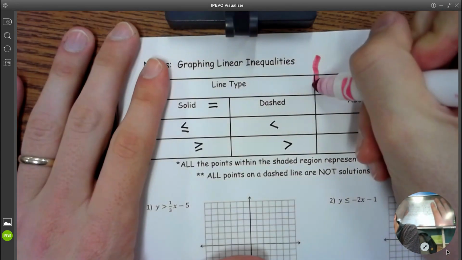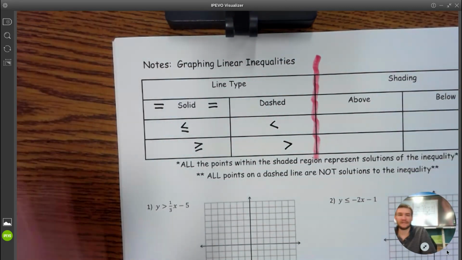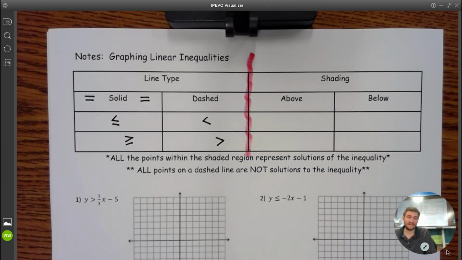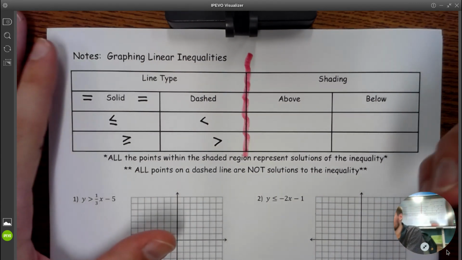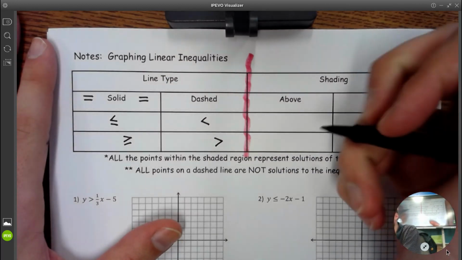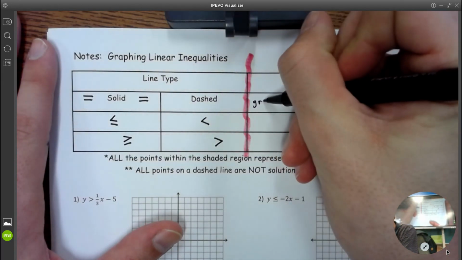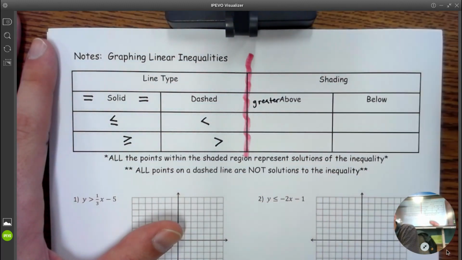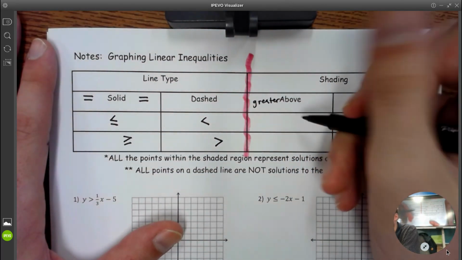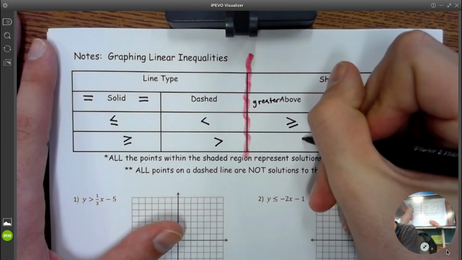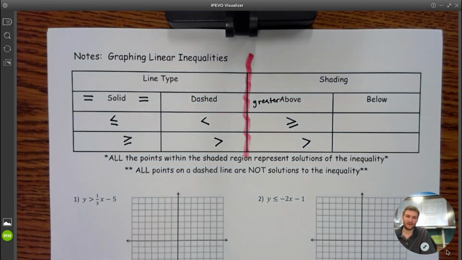I'm going to put a little separator in here because on the other side we have shading. Again, this is 100% a review of shading and graphing inequalities. Above is going to be anything that is greater, so that includes greater than or equal to, and also a plain old greater.